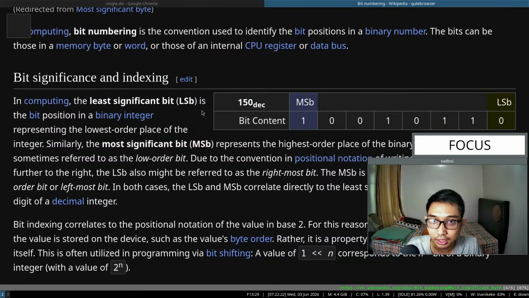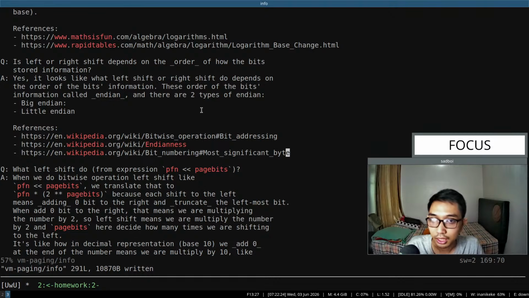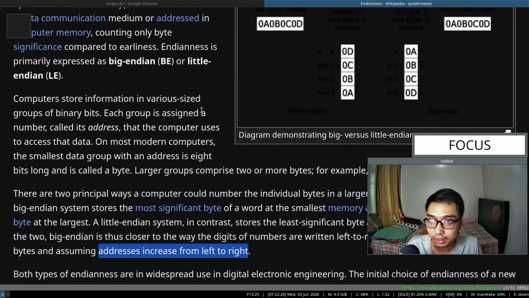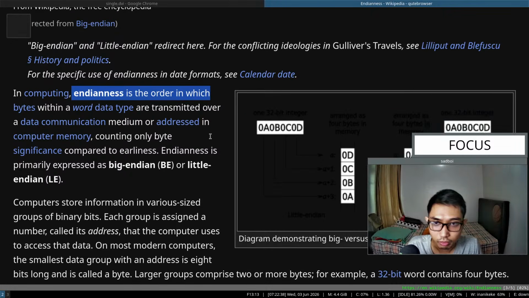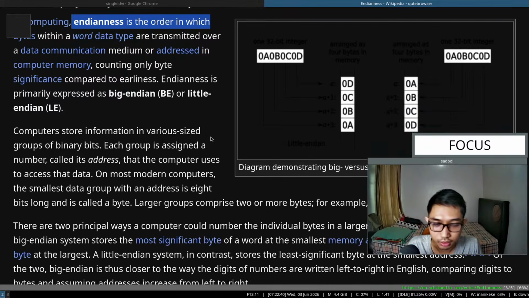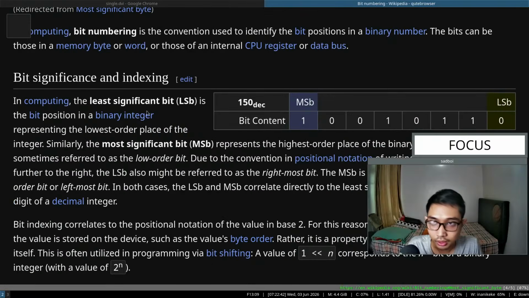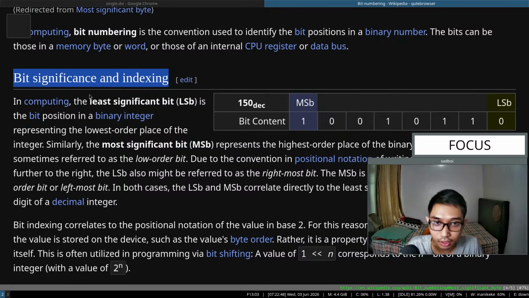And currently learning about the endian here, the order of, what is it called, the order in which bits store information, or maybe bit significance. That's what we are learning currently.